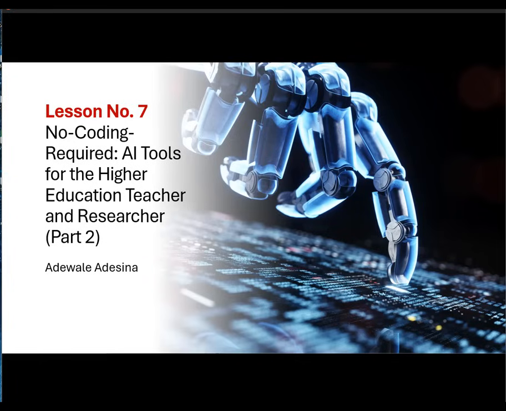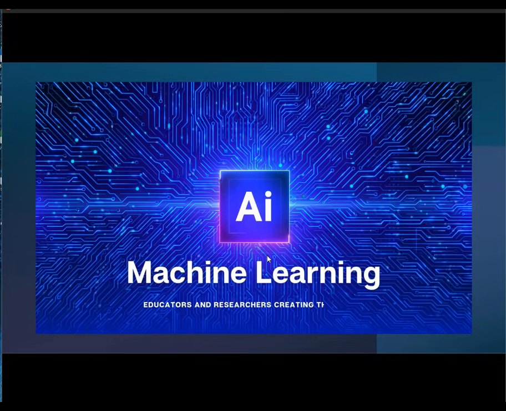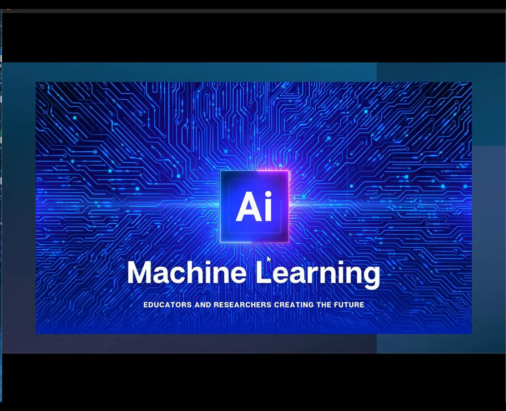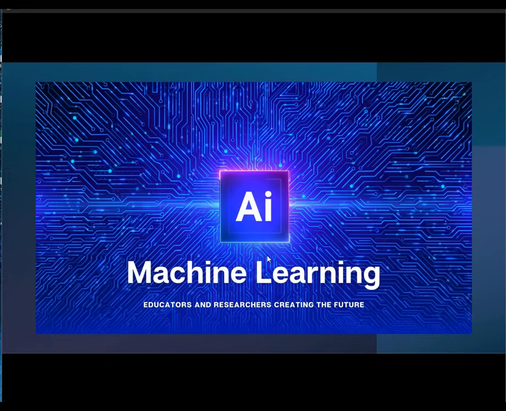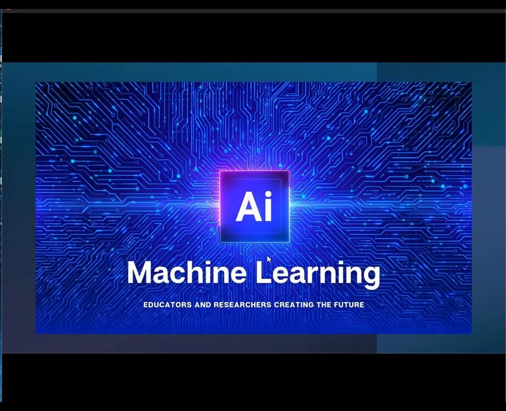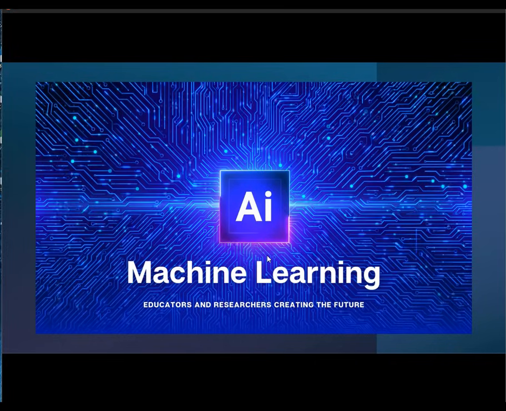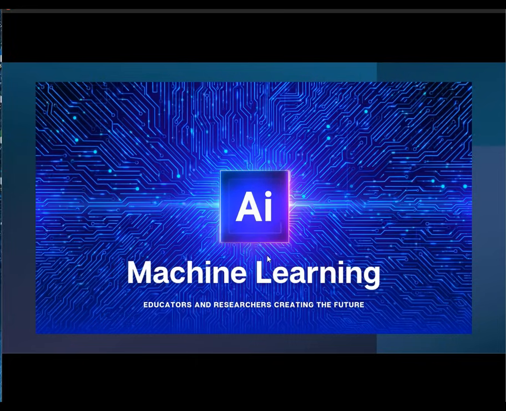I am Adewale Adeshina. In the last lesson, we saw how we could leverage machine learning models for classification in different projects in our respective fields. We were able to use Teachable Machine provided freely by Google in doing this.